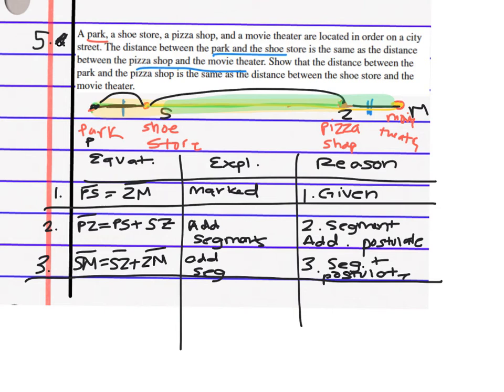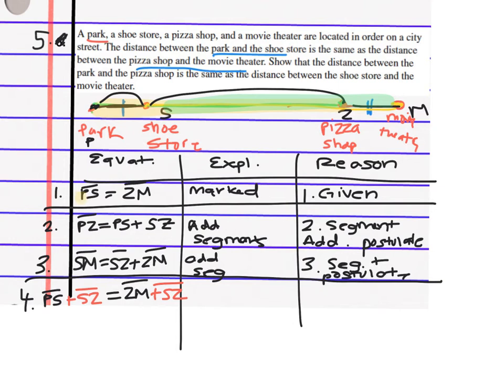All right, then let's go ahead and add SZ to each side. So let's say PS plus SZ equals ZM plus SZ. So where did I get all this from? I got this from up here.